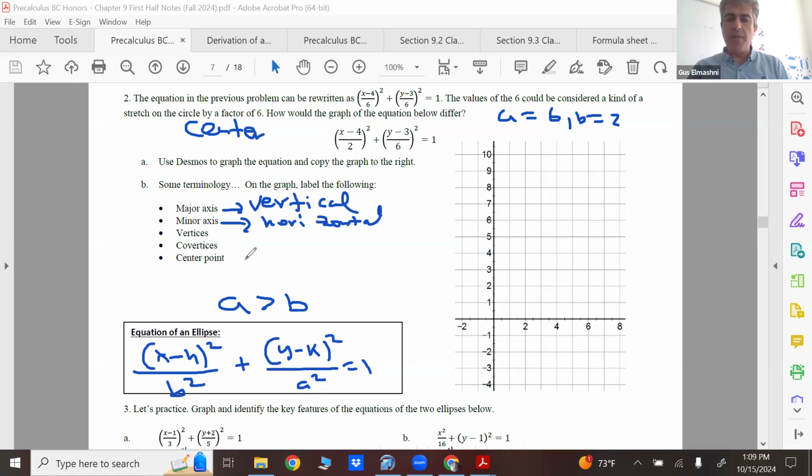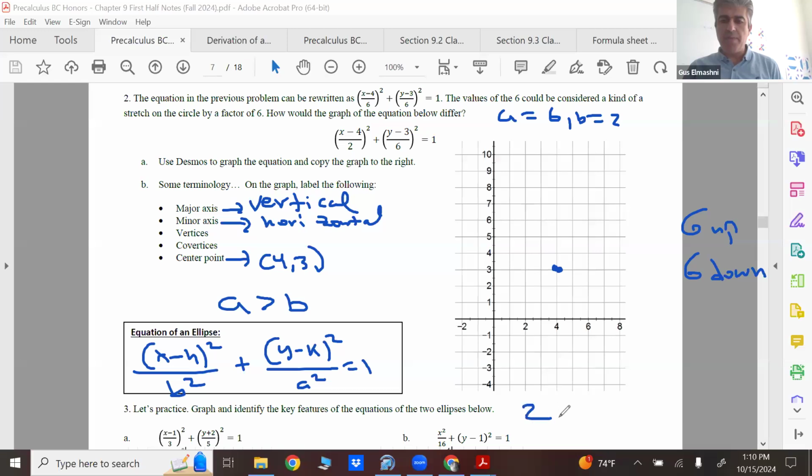I'll get to the center point. I already know that's 4, 3. We'll worry about vertices and co-vertices in just a moment. So my center is at 4, 3. So I have to go 6 up, 6 down.